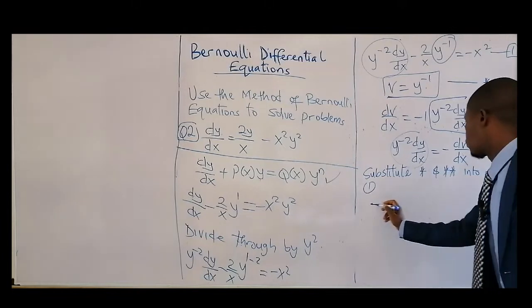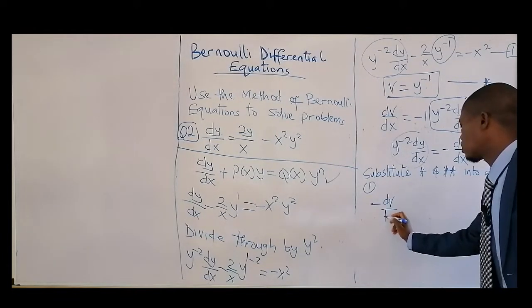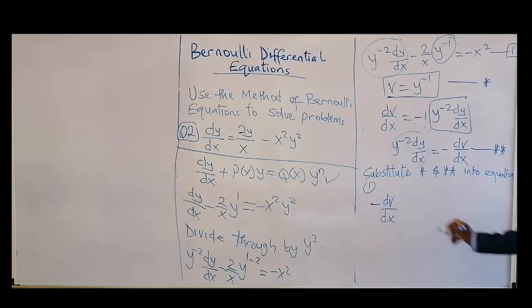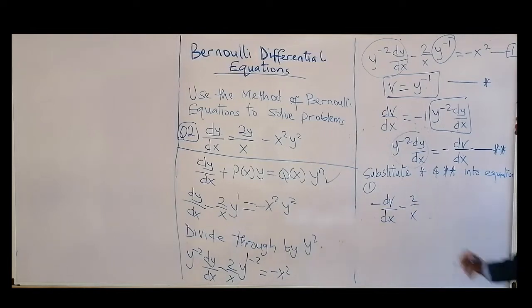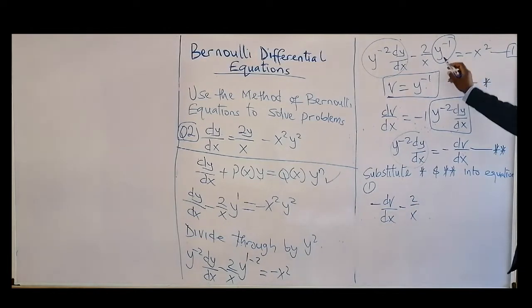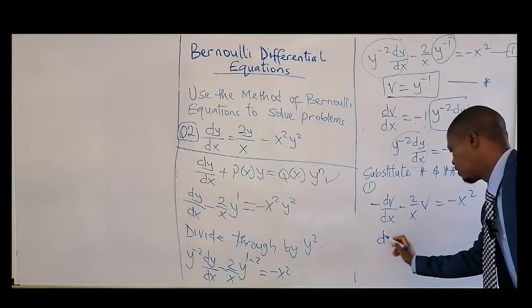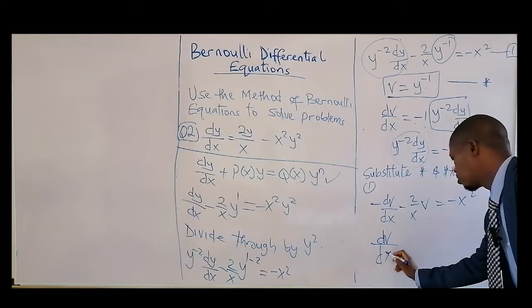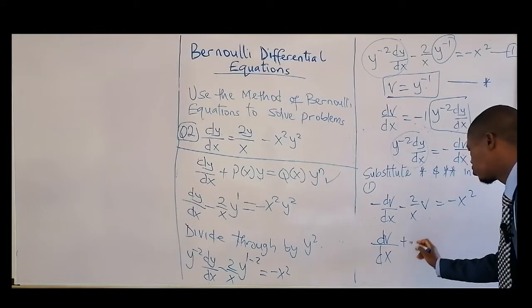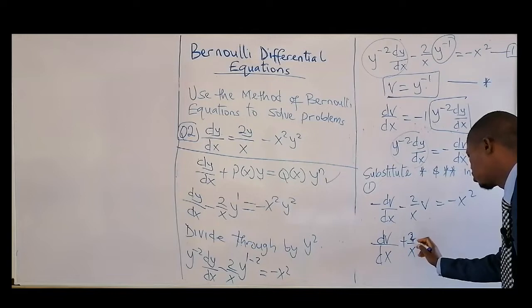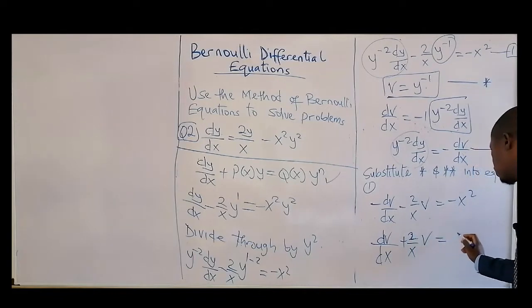So that will be minus dv/dx, followed by minus 2 over x, then this one also is v, that's our equation star, equal to minus x squared. Can you multiply through by minus? If you do that, you have dv/dx plus 2 over x v equal to x squared.